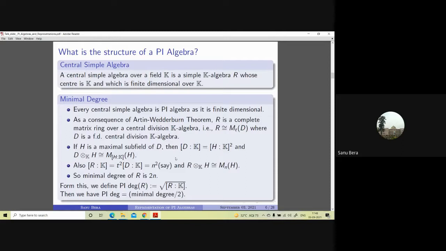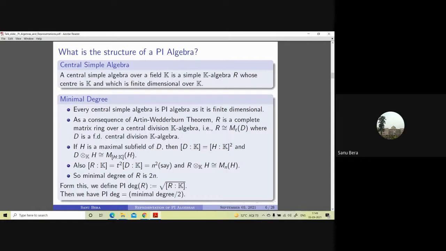That is, the dimension of D over K is the dimension of H over K squared. And if we extend the center of D to H, then that will be the complete matrix ring, that is M over H of size the dimension of H over K. This is a central extension.